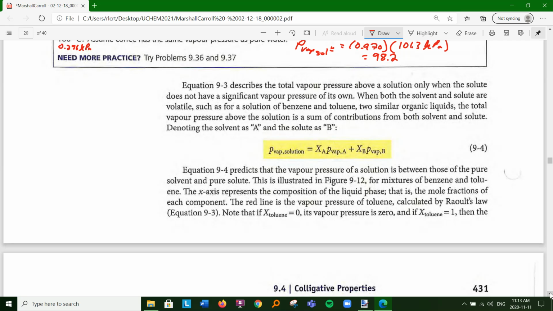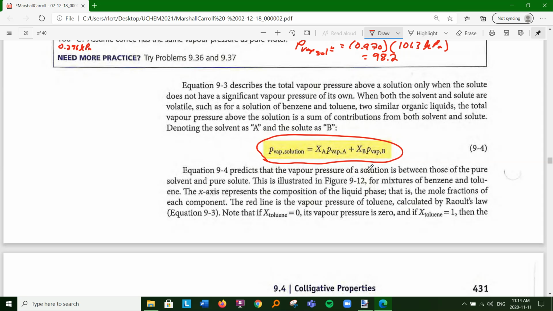Get into all these phase diagrams, all this fun stuff. So we see here that the vapor pressure of the solution is the mole fraction of A times its pure vapor pressure at a given temperature plus the mole fraction of B times its pure vapor pressure at a given temperature.